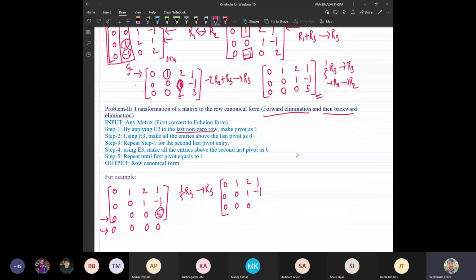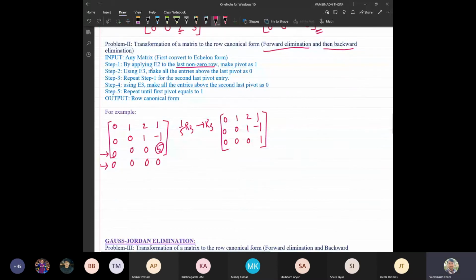Okay, now we have done that. Now, what is the other procedure? Step 2: using E3, make all the entries above the last pivot 0. Now, what is the last pivot?